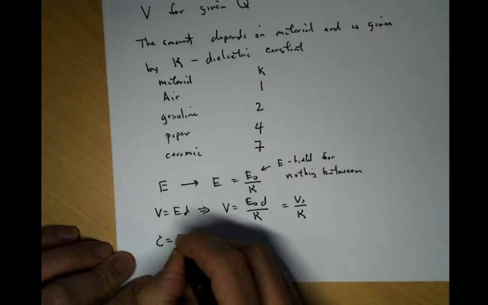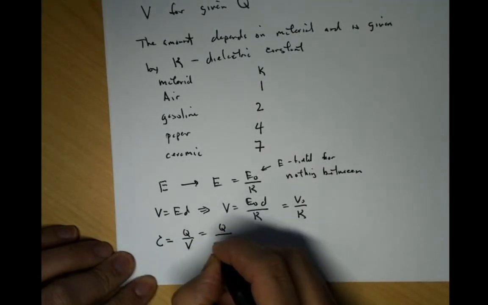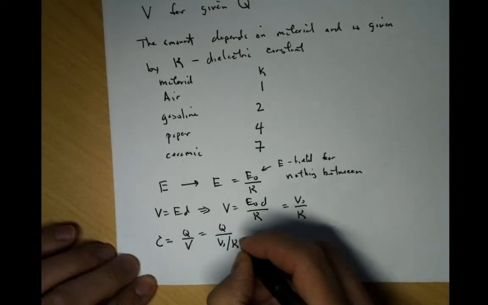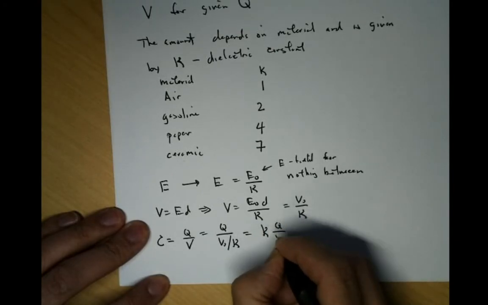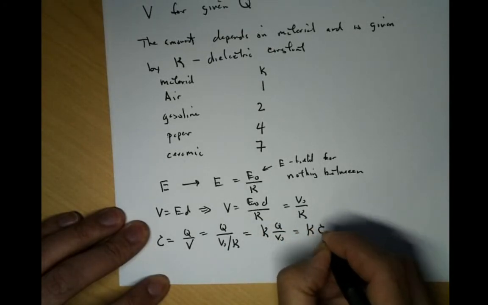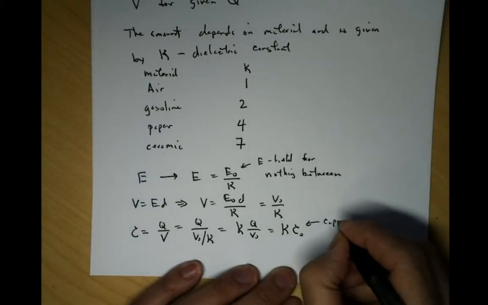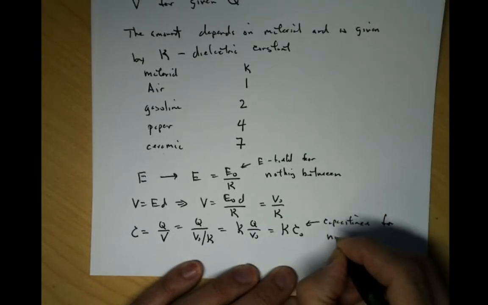And then likewise, C is Q over V. This is Q over V0 divided by kappa. So it's going to equal kappa Q over V0, which is kappa C0. So C0 is the capacitance for nothing between.